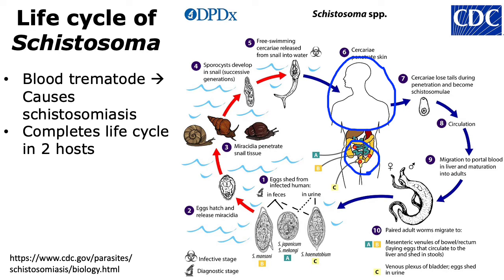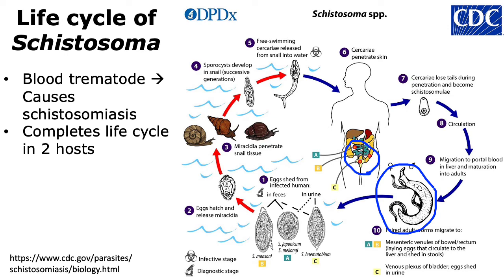These larvae are able to enter the human through the skin. Once in the human, they continue to develop and enter circulation, where they eventually end up in the liver. Once in the liver, they undergo maturation to form adult schistosomes.